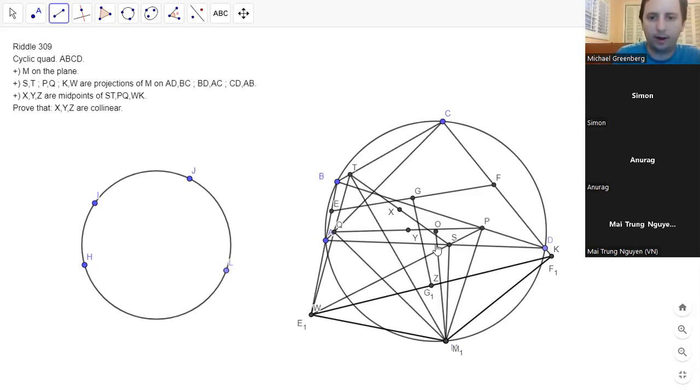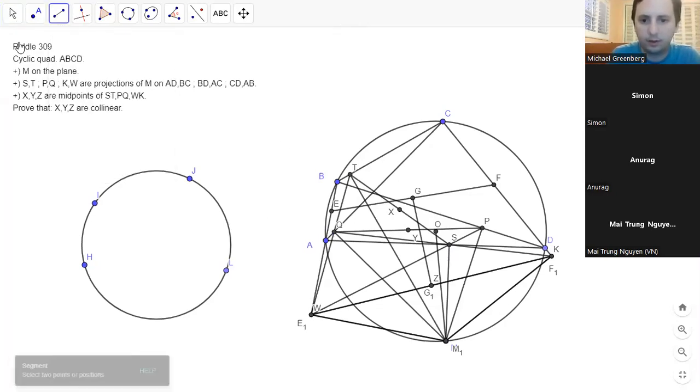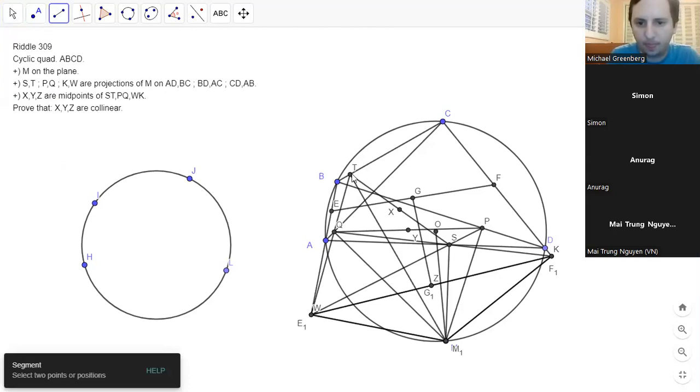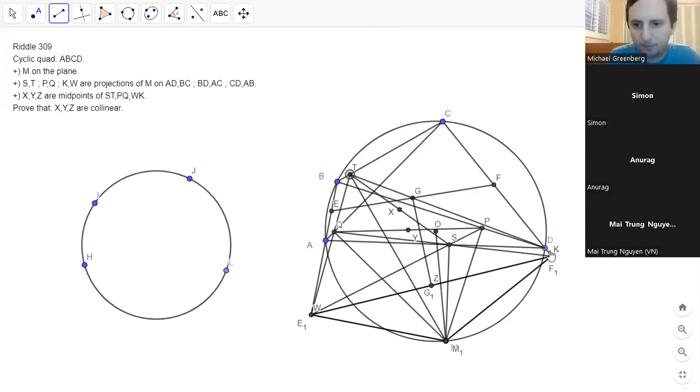Did you say QS and K are collinear? Okay. Yeah. And TPK. TPK. Okay. Yeah. And then we have the structure of the Gauss line.